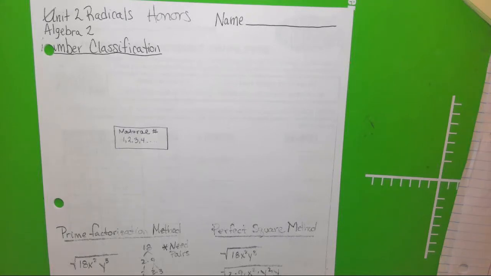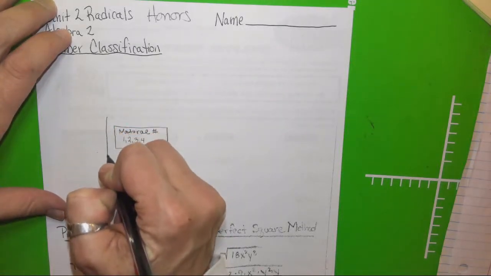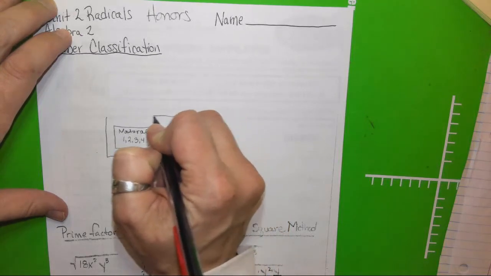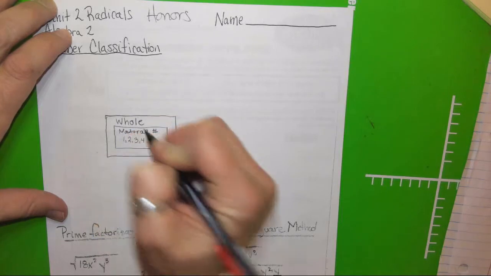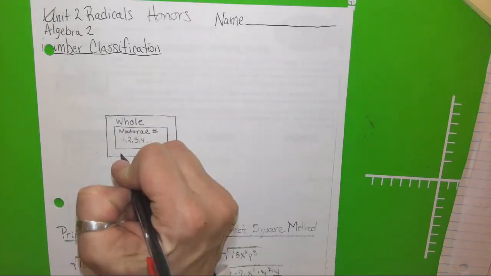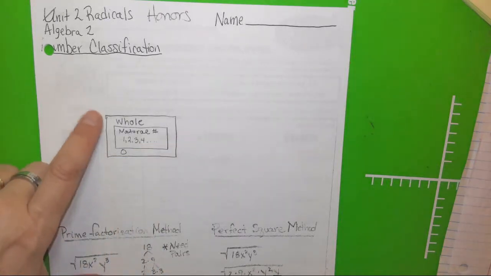Now, a little bit bigger than natural. Where do we go there? Whole. What is the difference between whole numbers and natural numbers? 0. Notice whole has an O in it, and so 0 is a part of it.